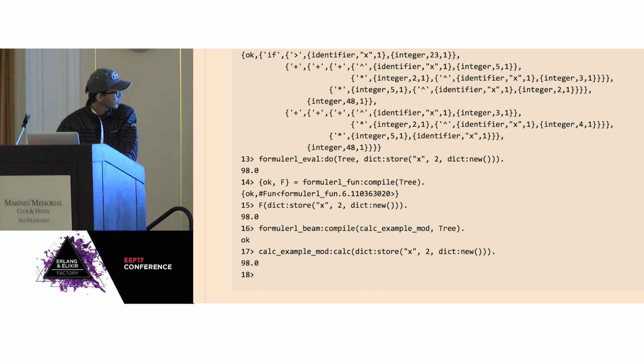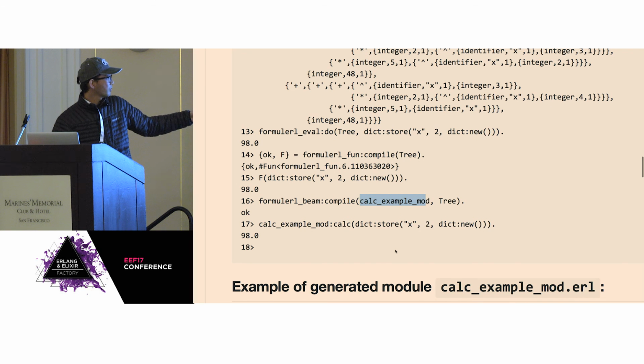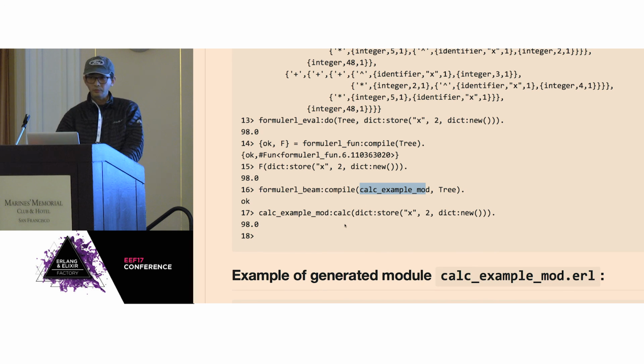This is the module name given to the compile function. At this moment, this data suddenly becomes code. And then we can call the function of the module we just created. So this is how we operate our DSL.